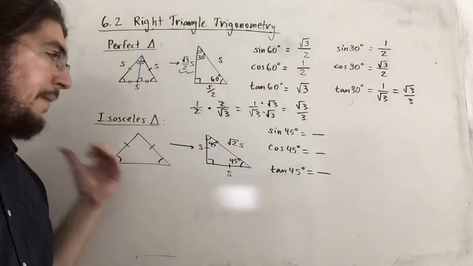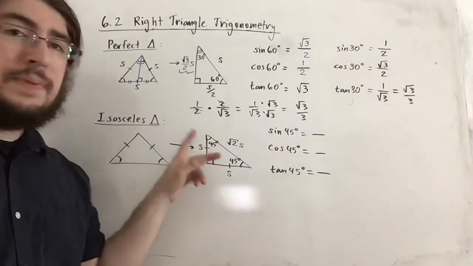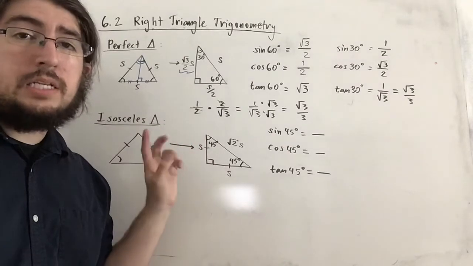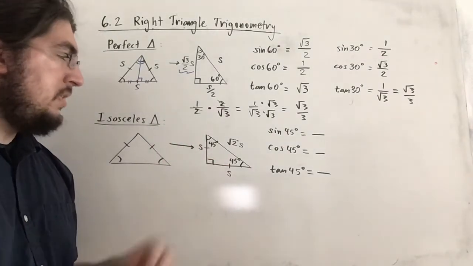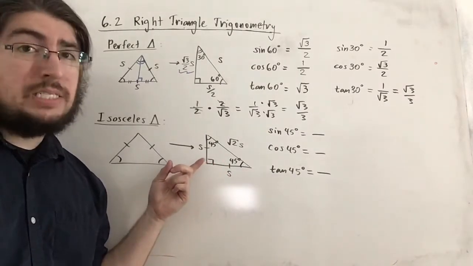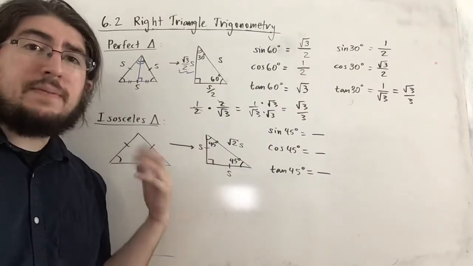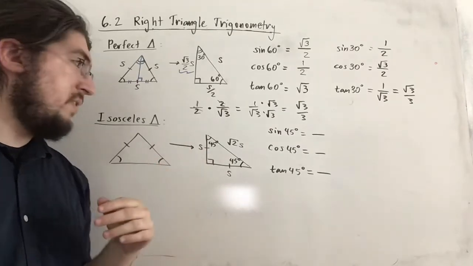So now, in particular, if we let this angle be 90 degrees, then we have a very special case, which is an isosceles right triangle. And an isosceles right triangle, well, since both of the angles are the same, and this angle is 90 because it's a right triangle, that means these two would have to add up to 90 in order for all three to add up to 180. So these each have to be half of 90, which is of course 45 degrees.